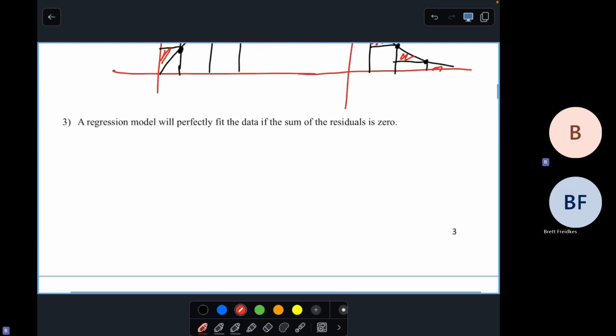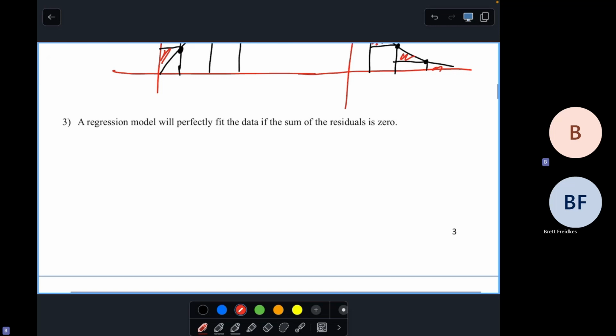Number 3: a regression model will perfectly fit the data if the sum of the residuals is 0. Who says true?